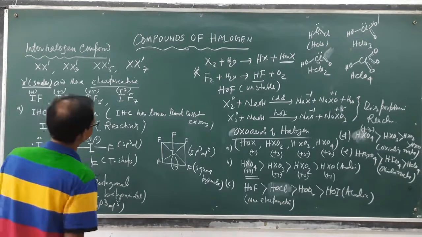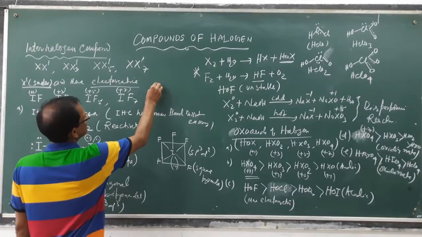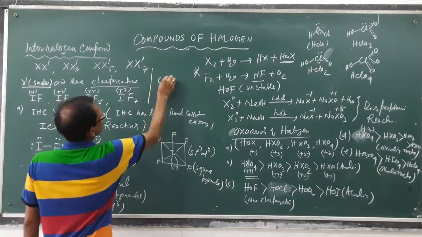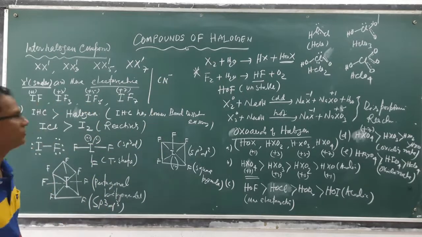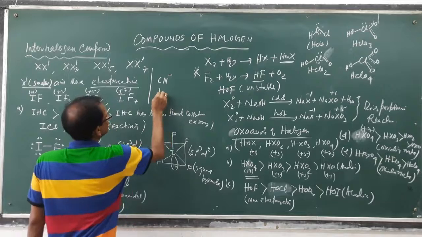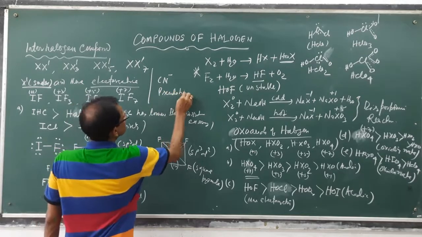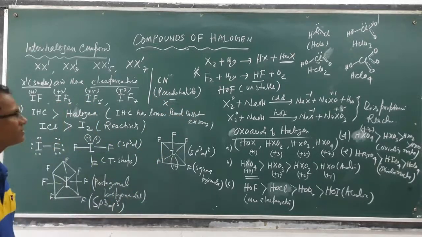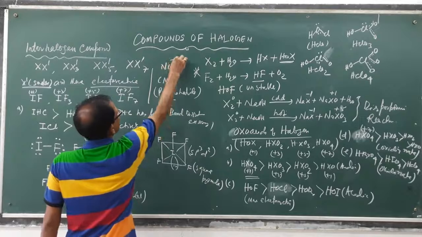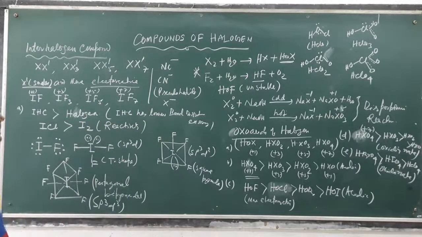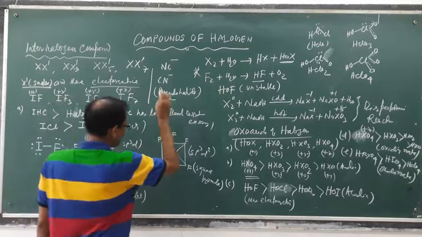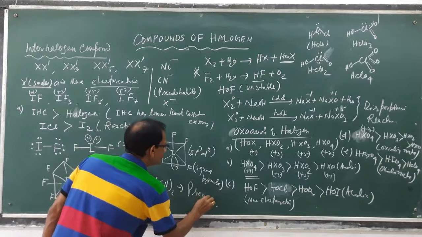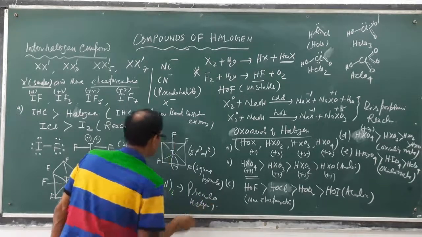Sometimes the CN minus compound is also called pseudohalide, because just like X minus, CN minus and NCO minus are called pseudohalides, and (CN)2, if we write (CN)2, this is called a pseudohalogen, just like X2.